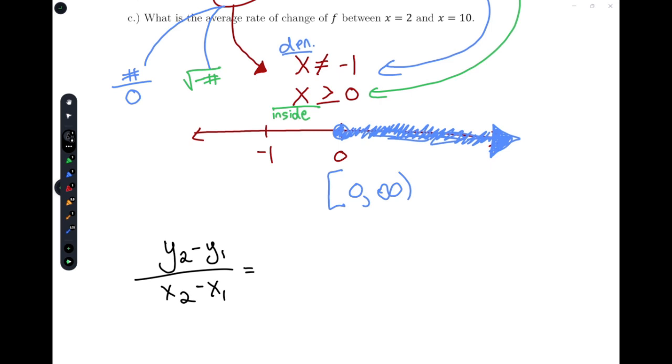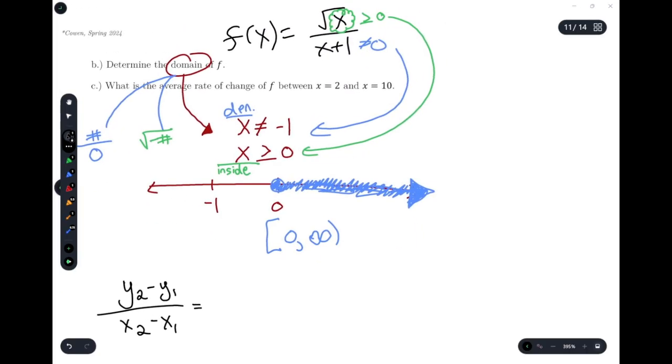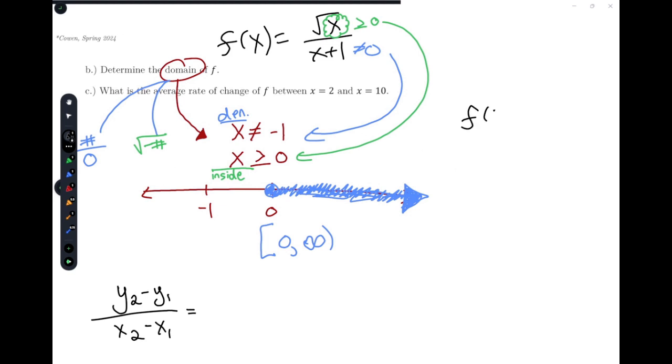Well, we can, though, right? We're going to do some plug and chugging. Fine, let's do it. What's f of 2? Root 2 over 3? Right? What's f of 10? Root 10 over 11?